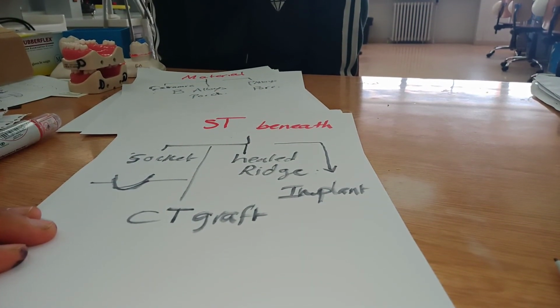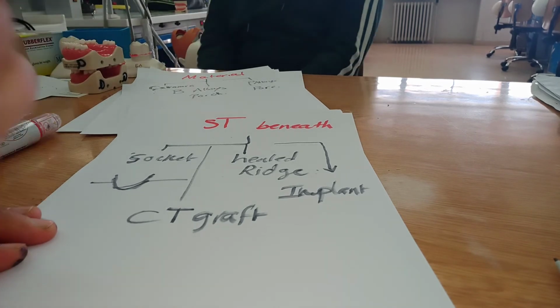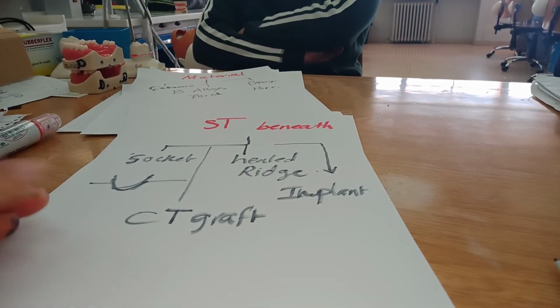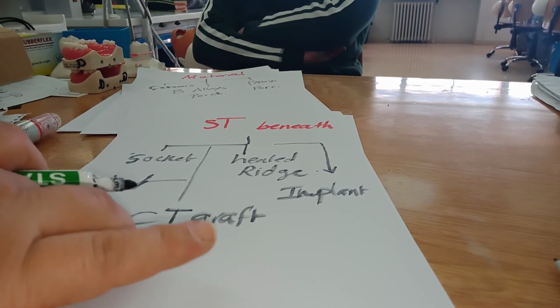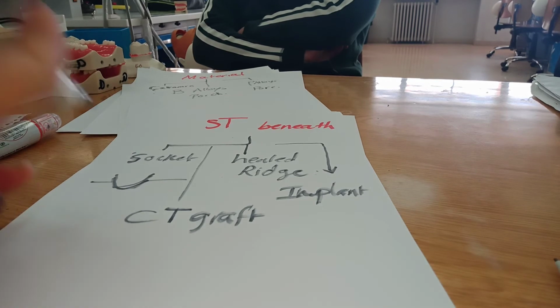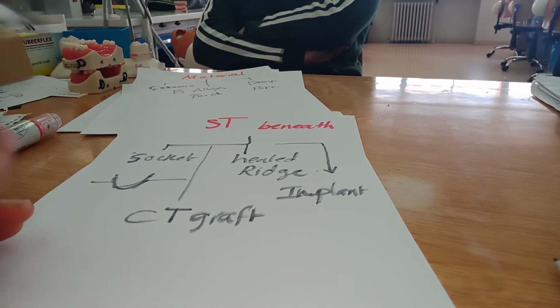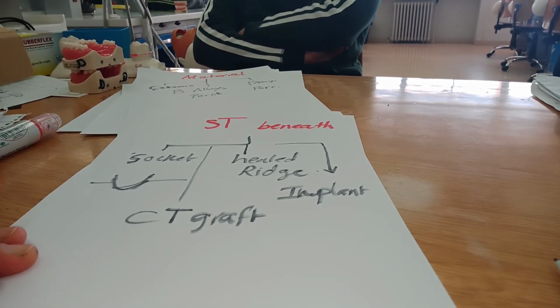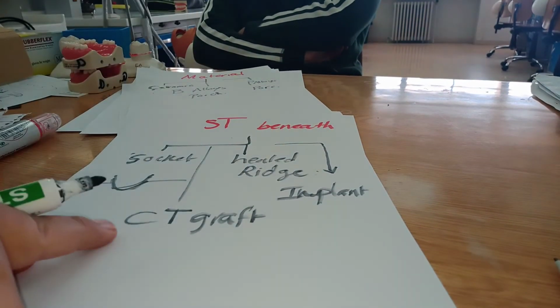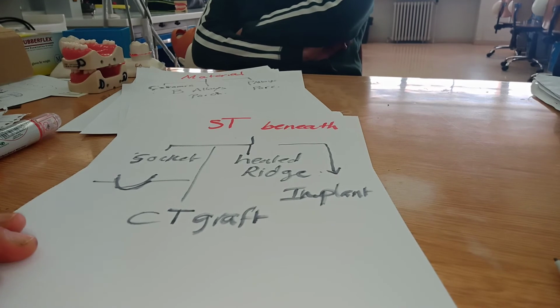It will also aid in shaping the connective tissue while healing and taking the shape of the gingiva. So we could place a connective tissue graft in cases where we could not do bone augmentation and we have lost some of the alveolar ridge. It will appear like a black triangle beneath it. So why not augment either the bone by bone procedures or the soft tissue by connective tissue grafts.